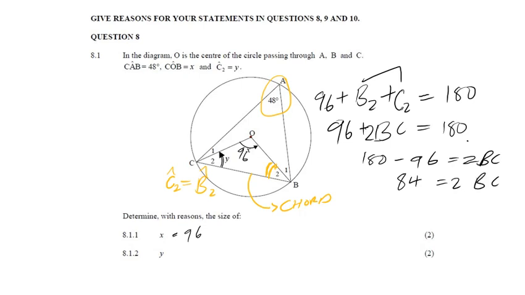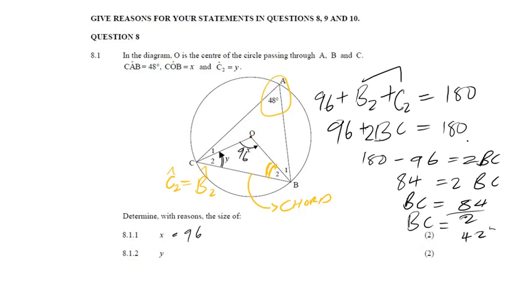You understand why I'm saying it's 2, ne? You understand where I got that 2, because it's twice. So BC will be equal to 84 divided by 2, which is what we got. So it means B and C. The reason why I'm saying BC is because B and C are equal to 42.